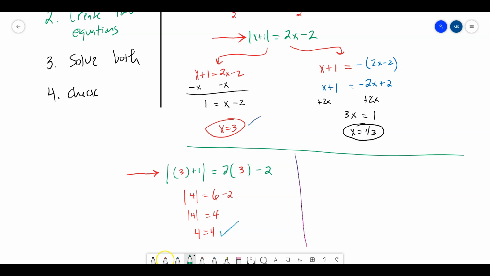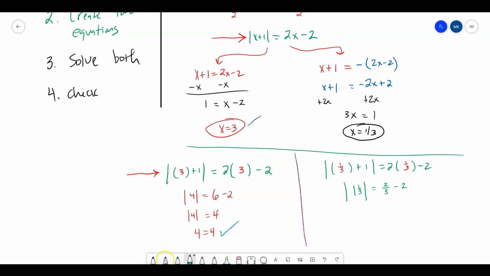And then I'm going to check x equals 1/3. If we do the same thing here, I'm going to plug in 1/3 for my x instead of the 3. So the absolute value of 1/3 plus 1 would be 1 and 1/3. And then on the right hand side, I'm going to have 2 times 1/3, which is 2/3.